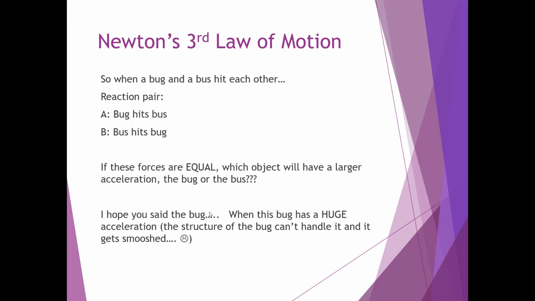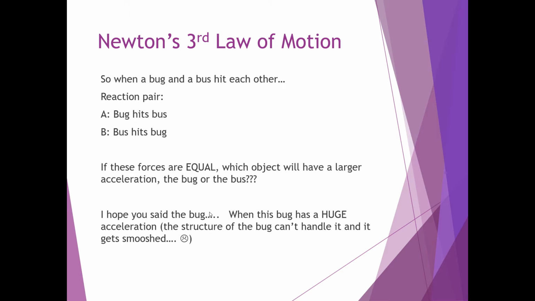When we think about the bug hitting the bus, a lot of people tend to think about the fact that the bug gets smushed and the bus does not. But they neglect to consider the fact that the forces are the same, because they look at what actually happens, what the effect is.